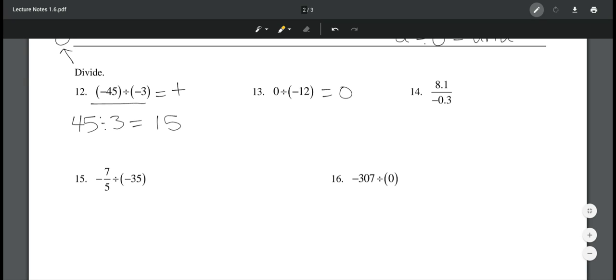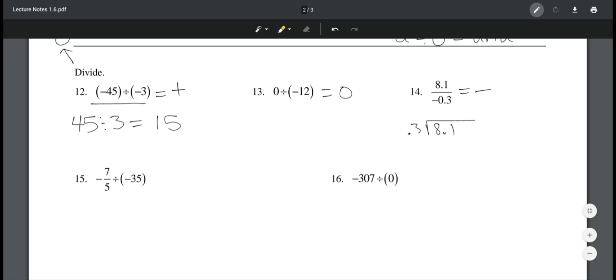Here I have a positive 8.1, fraction bar means division, divided by -0.3. Now, I know my outcome is going to be negative because I have a positive number divided by a negative. And just in case you forgot how to divide using decimals, the 8.1 goes under the division bar, the 0.3 goes out in front. Well, you cannot have the 0.3 out in front, so you're going to have to move the decimal.